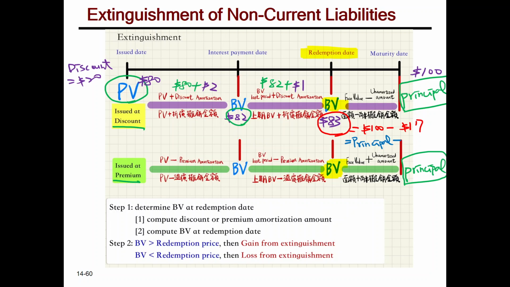So it means what? You amortized $3 already. So you still have $17 not yet. You didn't do amortization yet. Okay? So it is your 20 minus 2 minus 1.